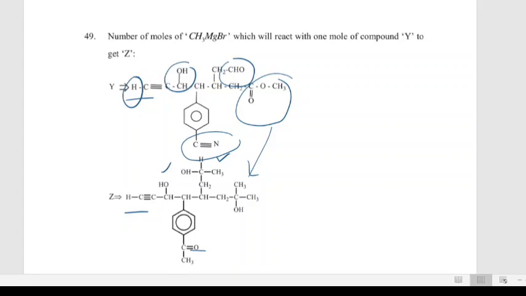If we consider this CH triple bond C, definitely it consumes one CH3MgBr as it is an acidic hydrogen. It readily attacks on the CH3 minus, which is a carbanion from the Grignard reagent, and you will get CH4.